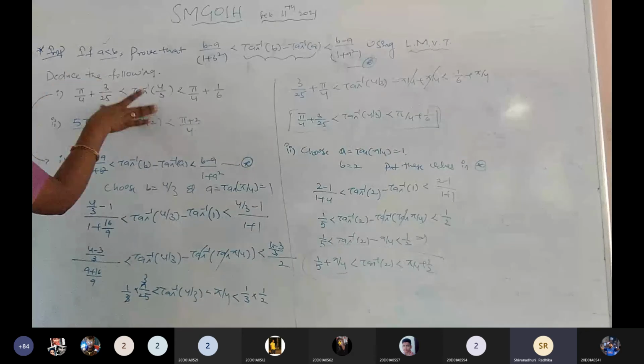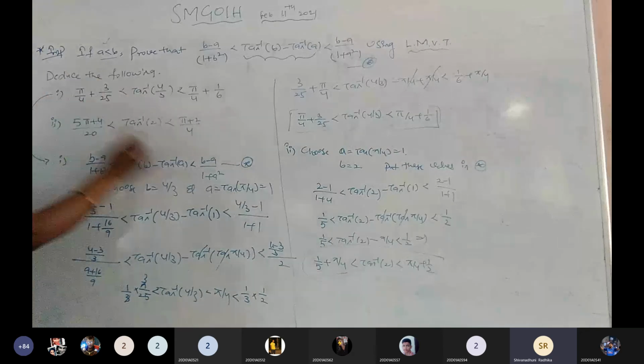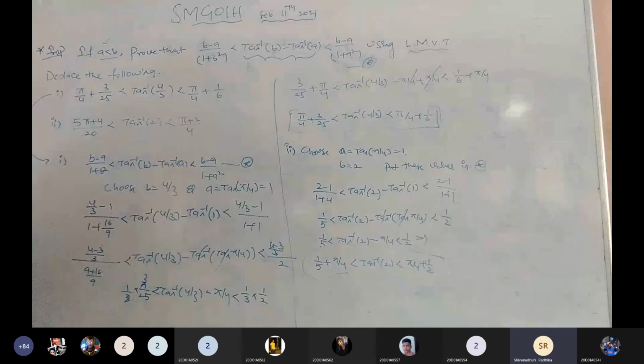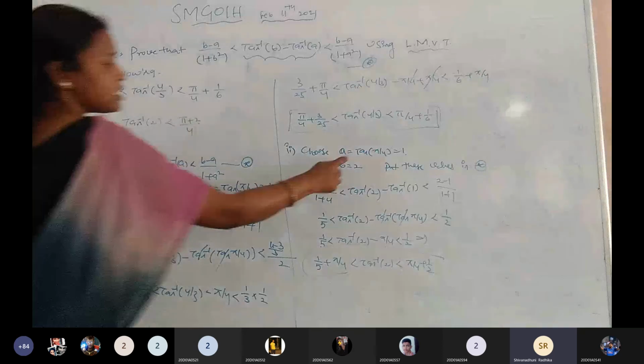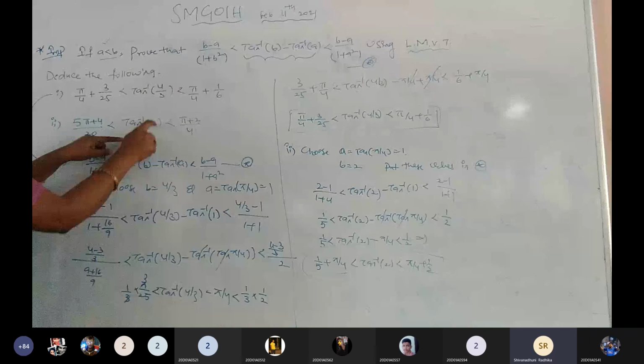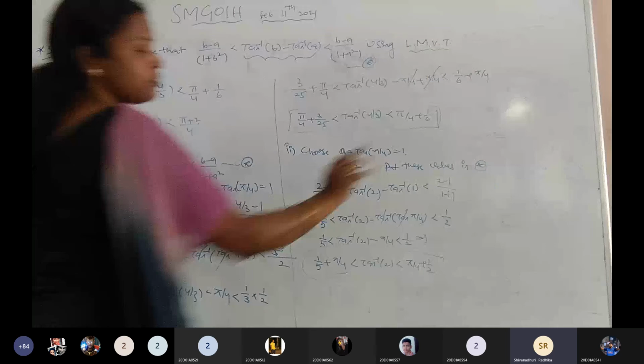Tan 5 by 4 is 1. Same as this, in the second one the middle value is B, B equals 2. What is the A value? The given middle function has tan, tan only, not tan inverse. Now apply the tan function to the angle 5 by 4. So tan 5 by 4 equals 1. Is it clear?